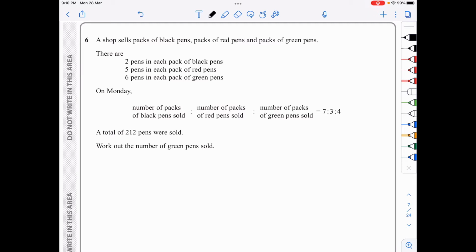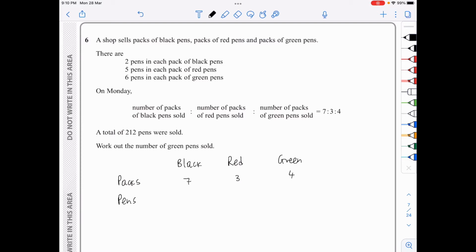So I think it's useful if I draw up a table here. I've got the black, the red, and the green. If I consider the packs, then it's going to be 7 to 3 to 4. And if I consider the pens, well, we know that there are 2 pens in each pack of black pens.